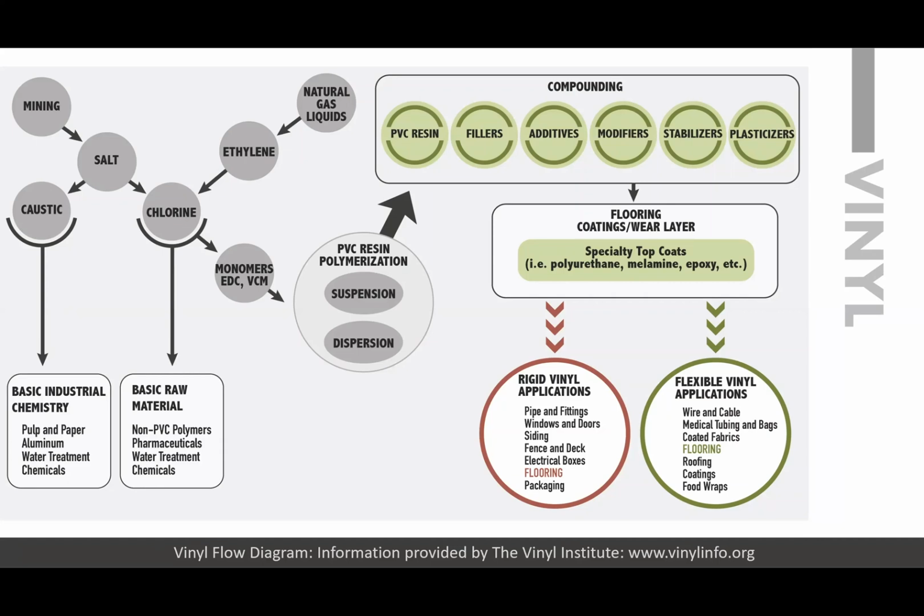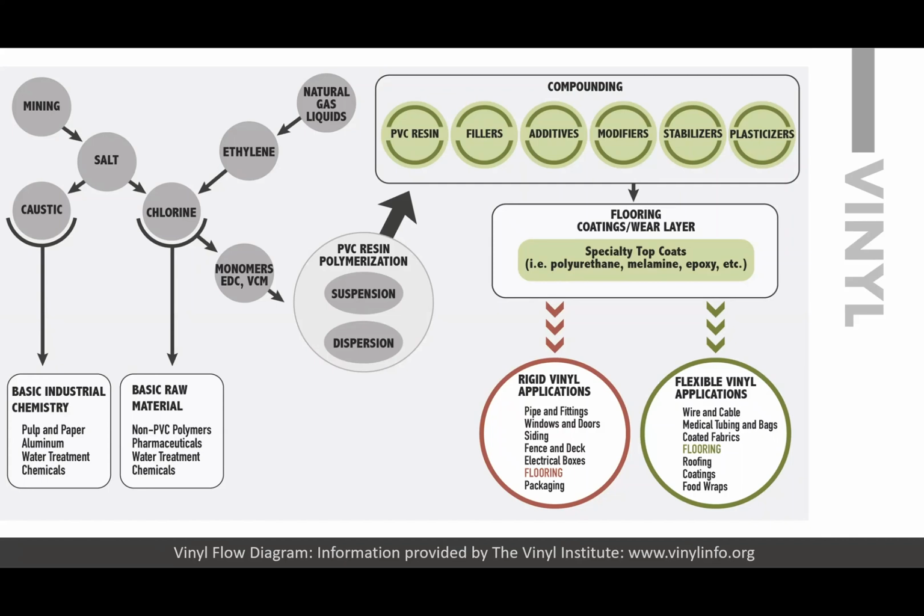And then from natural gas, ethylene is created when it's separated. So chlorine and ethylene come together to create vinyl chloride monomer. The monomer is then put together in a PVC resin polymerization process. That's where PVC resin comes from. PVC resin can be in pellets, it can be in powders, it can be in different formulations.